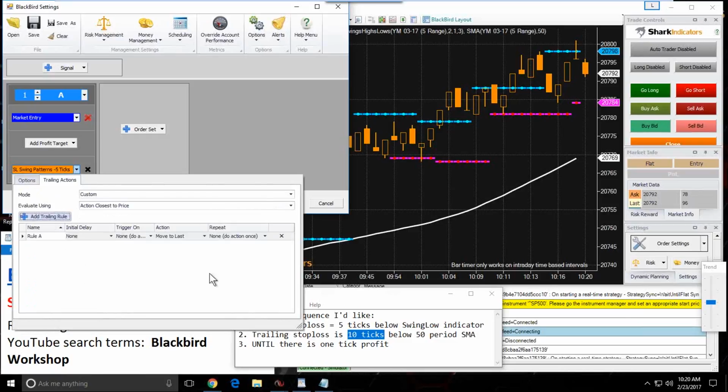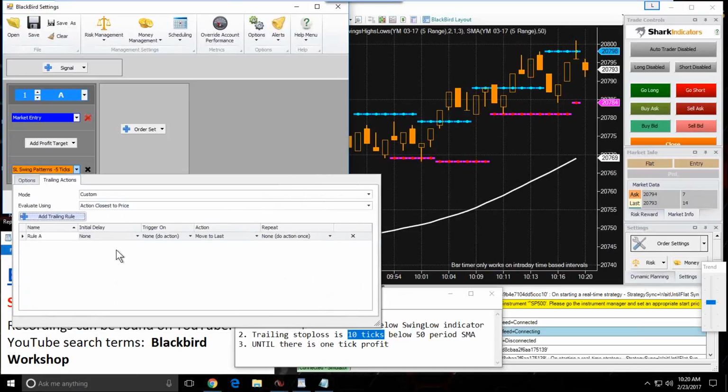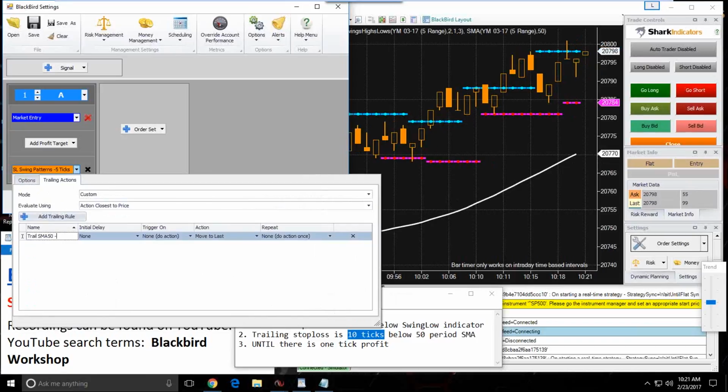Let's add a rule just like that, and I'm going to widen this up a little bit. This is going to be trail the SMA 50 negative 10 ticks. There we go.